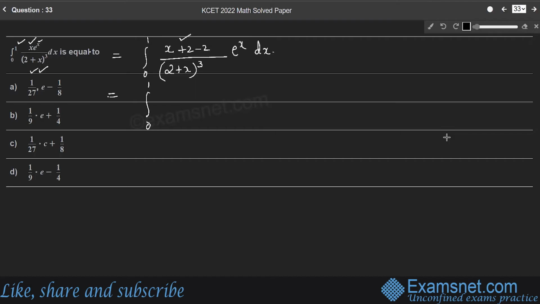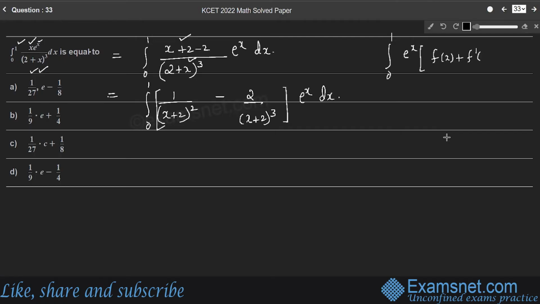We'll take x plus 2 in the first part: x plus 2 divided by (2 plus x) whole cube, so 1 by (x plus 2) whole square, right? Because one x plus 2 in the numerator and denominator will get cancelled. Minus 2 by (x plus 2) whole cube, e raised to x dx, which is in the form of integral 0 to 1 e raised to x into f of x plus f dash x dx.